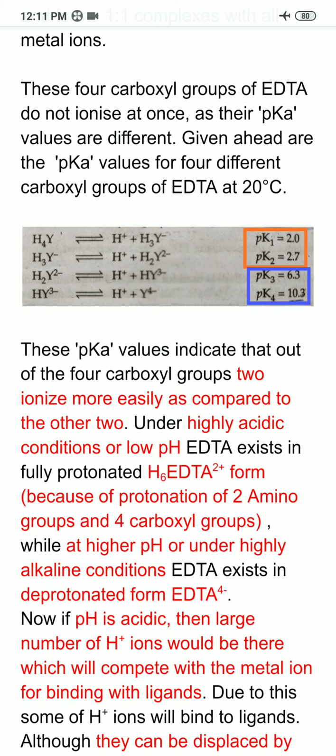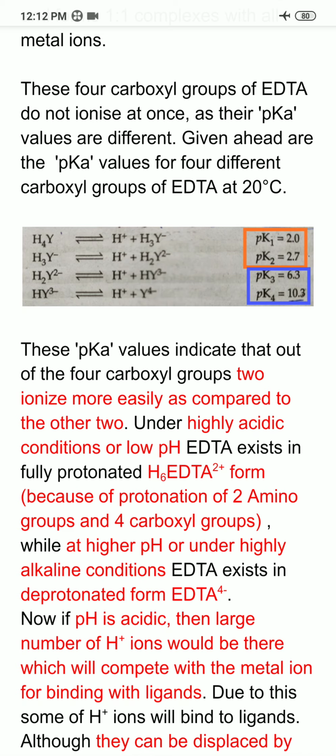So what do you analyze from these pKa values? You can see for the first 2 dissociations, pKa values are less, roughly in between 2 to 3. So it means the pKa values for removal of the first 2 protons are less.